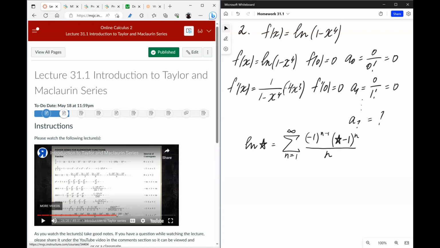And if we set this to be equal 1 minus x to the 4, we'll get ln of 1 minus x to the 4 being equal to the following expression. And 1 minus x to the 4 minus 1 is just negative x to the 4.